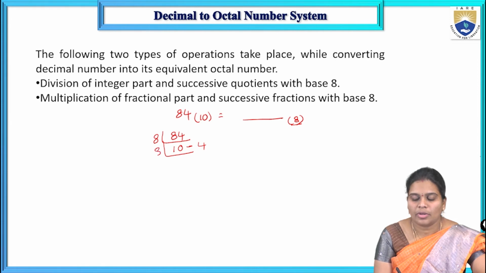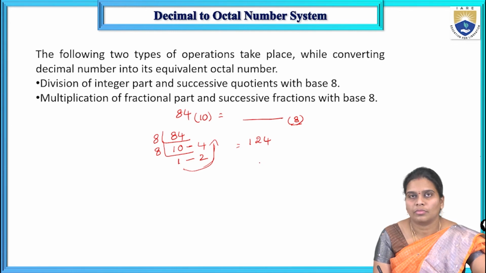Next, 8 ones are 8, the remainder is 2. Now we write the resultant value from bottom to top. So the value is 124.